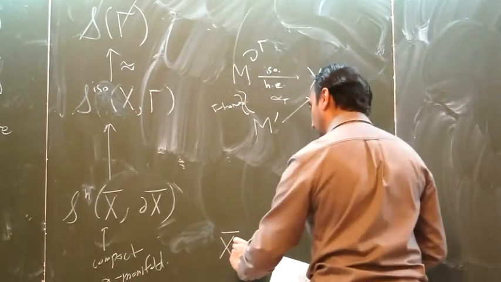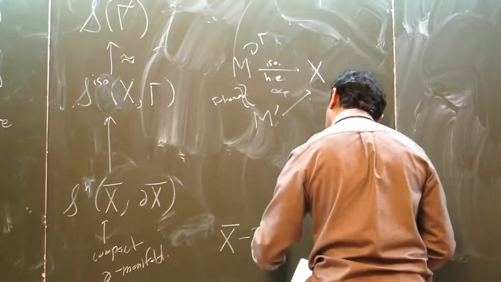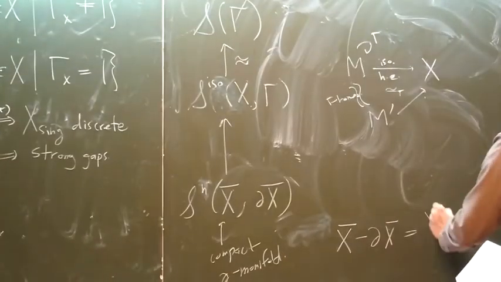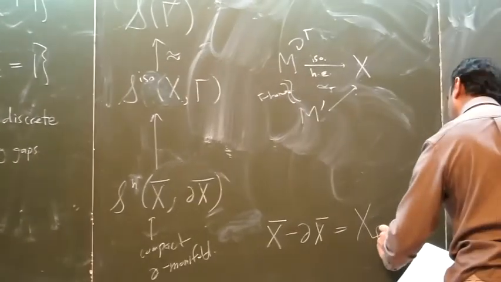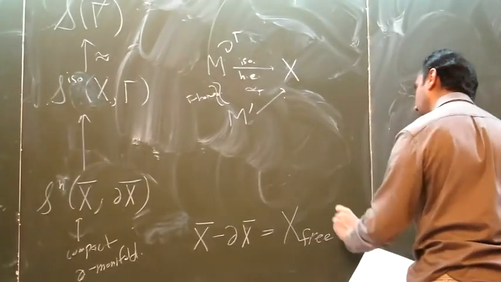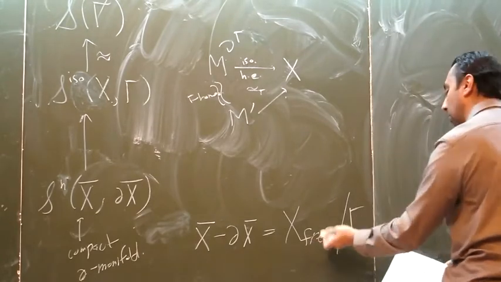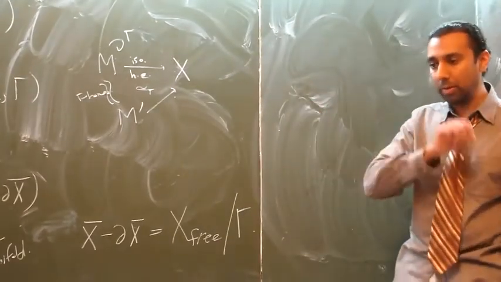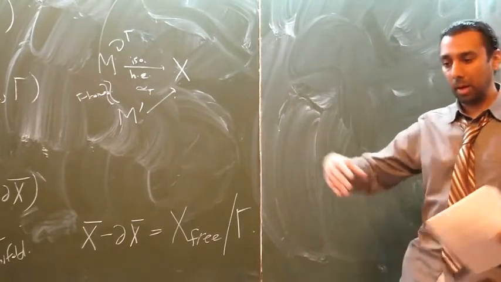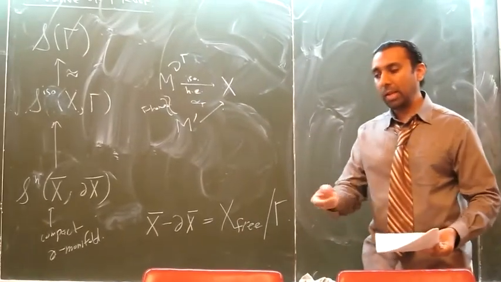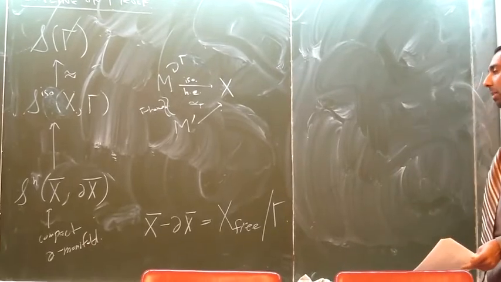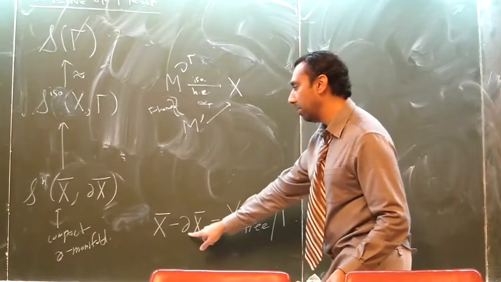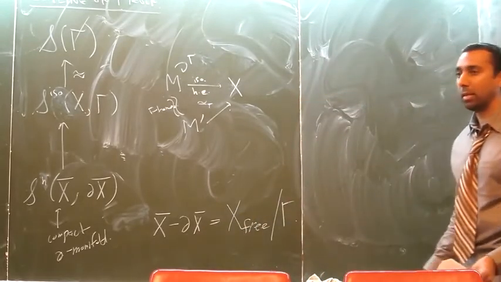That's the boundary. If you remove the boundary, this will be the same thing as the free part of the action. So you remove the singular points and divide by gamma. This will be some kind of open manifold. You remove all the singular points and you get some cusps, some ends to your space. So we can then compactify, we can put a boundary onto that for a nice type of X.